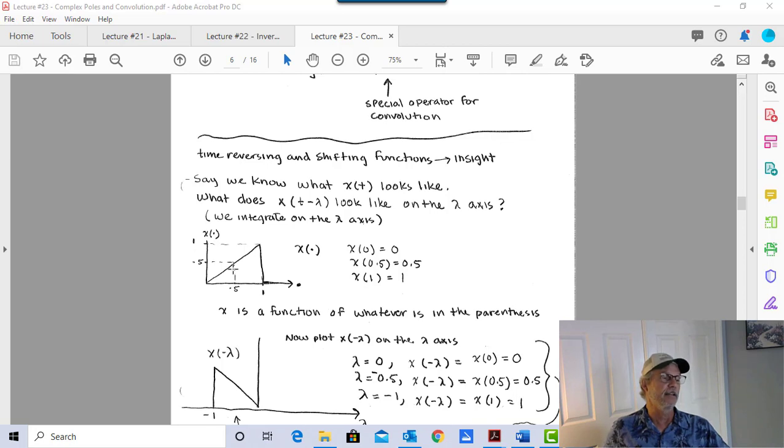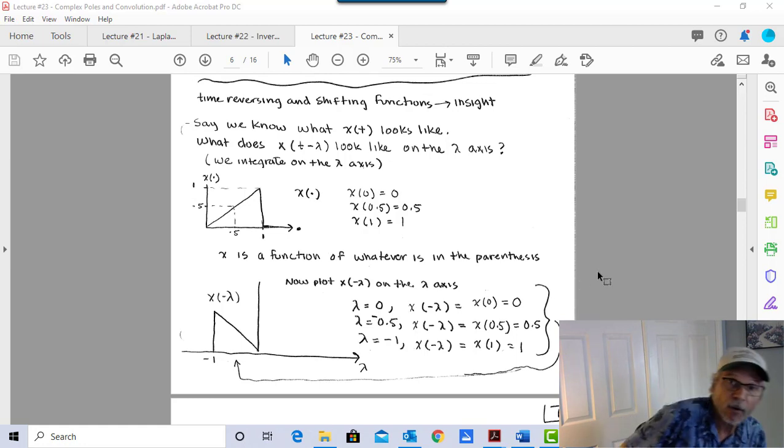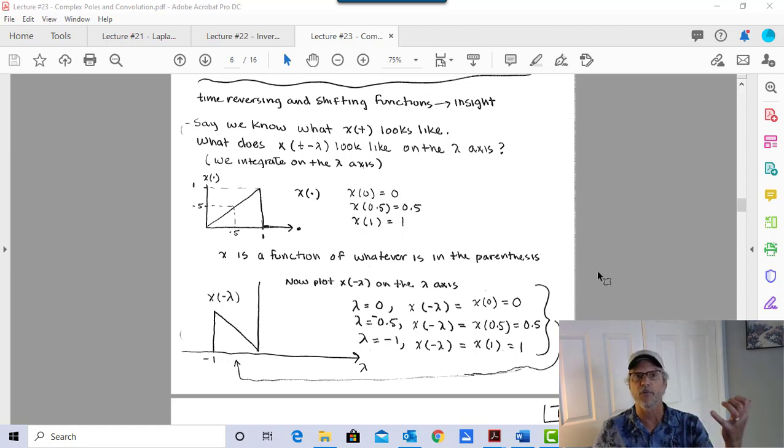If the dot is equal to 0.5, then it's 0.5. And if the dot is equal to 1, then it's equal to 1. In other words, our function x is a function of whatever is in the parentheses. Now what I want to look at is the time reversing part. Let's look at what x of minus lambda looks like on the lambda axis.